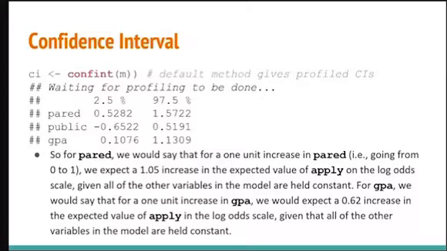We say for 1 unit increase in GPA, we will expect a 0.62 increase in the expected value of apply in the log odd scale. Don't forget, always say log odd scale. Okay, given that other variables in the model are being adjusted for. Does that make sense?